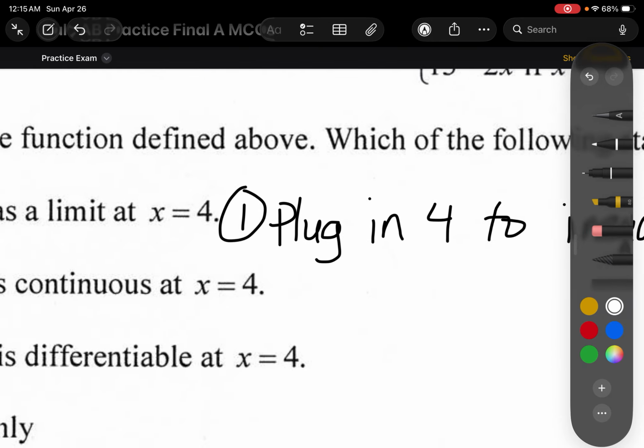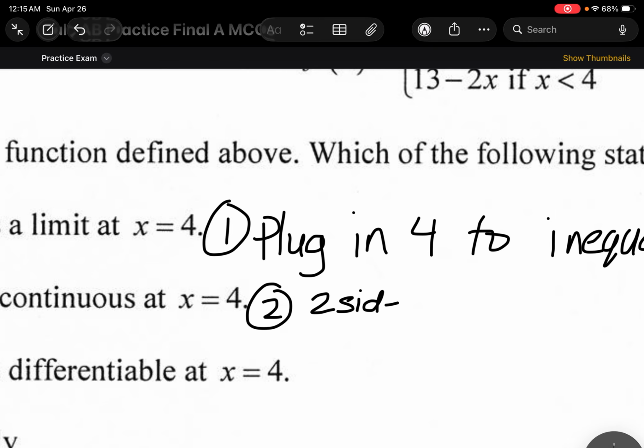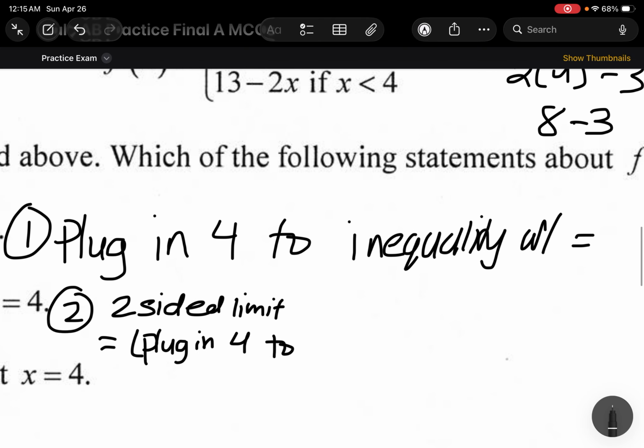Number 2, f is continuous at x equals 4. What this means is that the two-sided limits are equal to each other. So basically, plug in 4 to both equations and check if the values are equal.